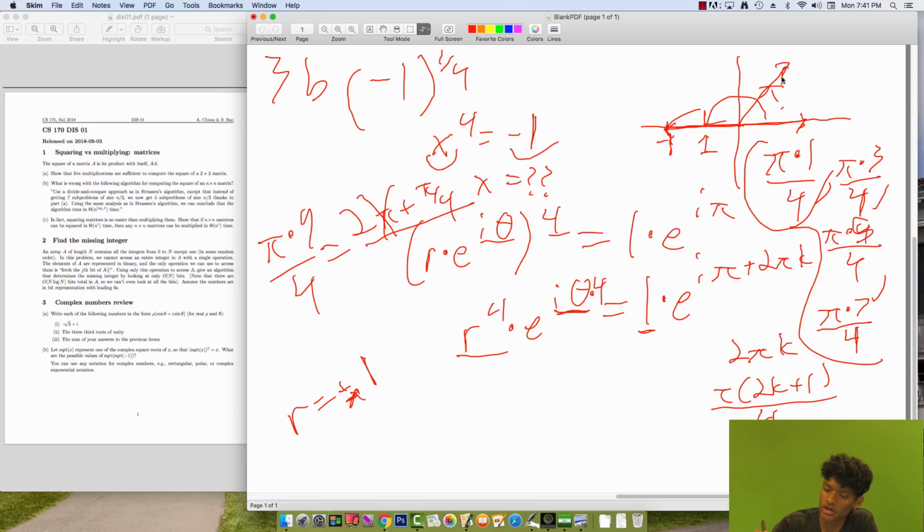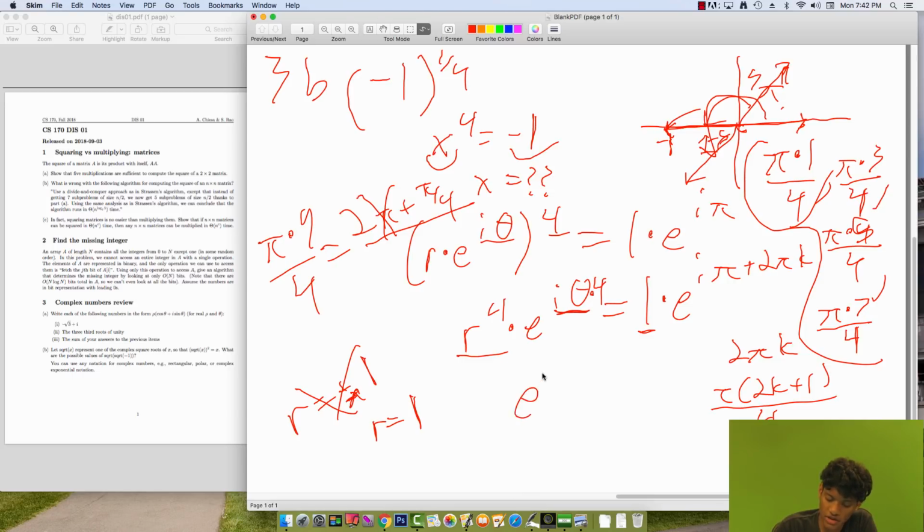If you look at a number of magnitude, say 5, and you invert its magnitude to negative 5, that's the same thing as a 180 degree rotation, or a rotation by pi radians. So we don't really care that r is plus or minus 1. What we really care about is that its magnitude is 1. So we can think of r as just being equal to 1, and then that gives us our expression.